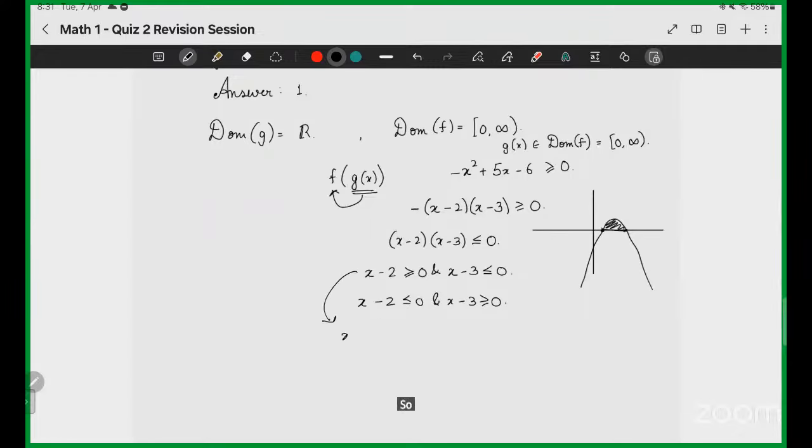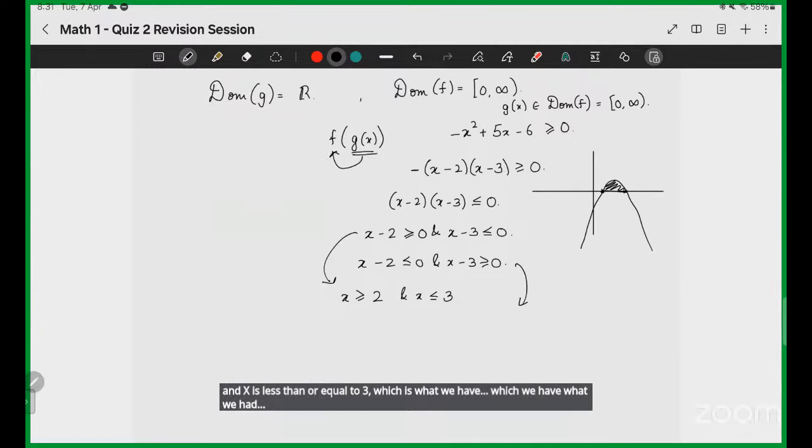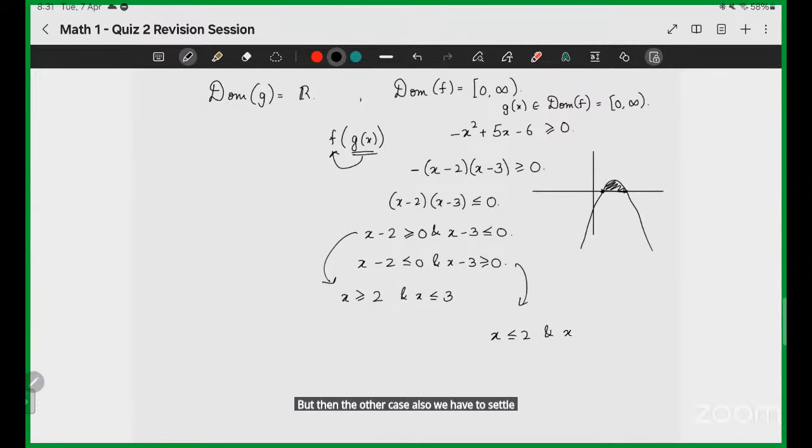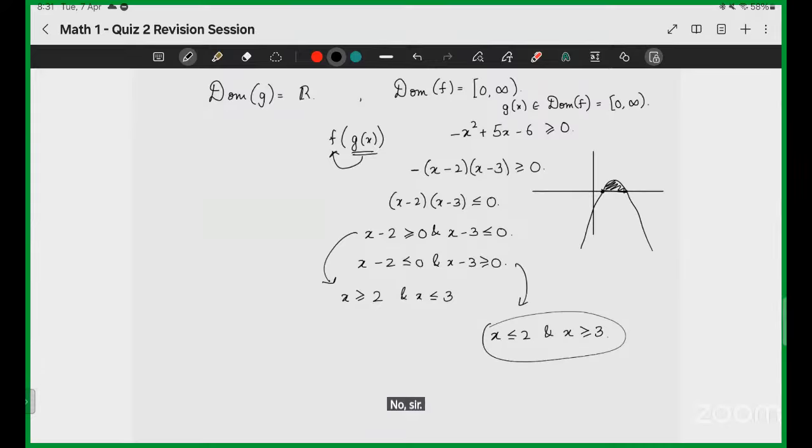Case 1 is x greater than or equal to 2 and x less than or equal to 3, which is what we had got earlier. The other case needs x less than or equal to 2 and x greater than or equal to 3. Does there exist any x which satisfies this condition? No. So in this case there is no x, but the first case survives: 2 to 3.